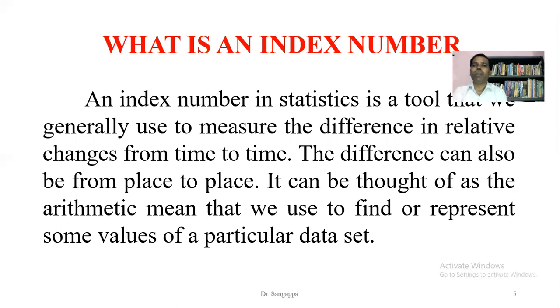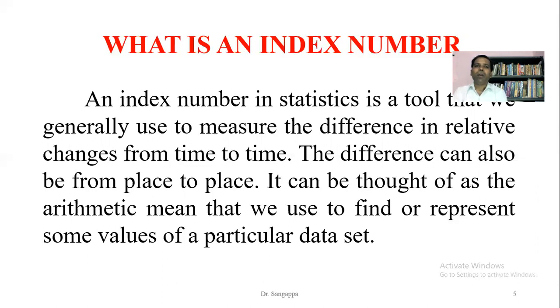What is an index number? An index number in statistics is a tool generally used to measure the difference in relative changes from time to time. The difference can also be from place to place. It can be thought of as the arithmetic mean that we use to find or represent some values of a particular data.